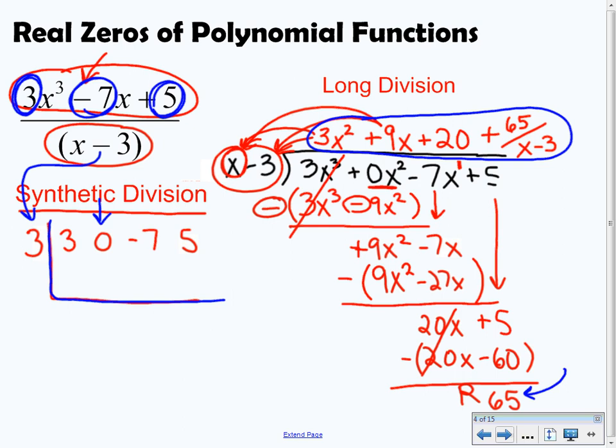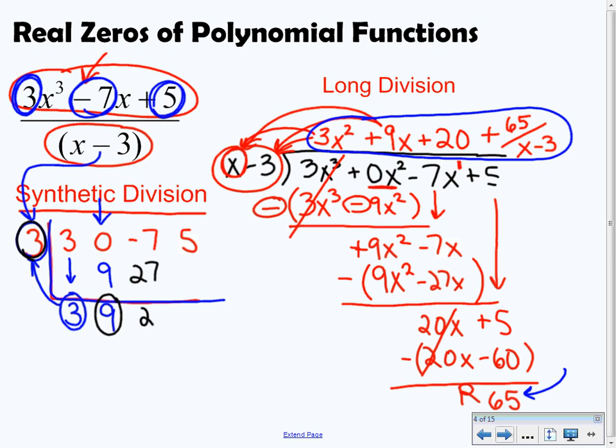All right, now here's how it starts. You bring down the 3. You bring down whatever that first number is, whatever it is, you just bring it down. And now we do 3 times this. All right, multiply that. And I put that answer here, and I add down. I get 9. And then I'll keep on going with that. I'll take this 9, and I'll multiply it by this 3, and I'll get 27.